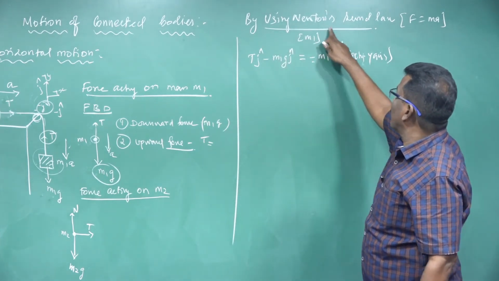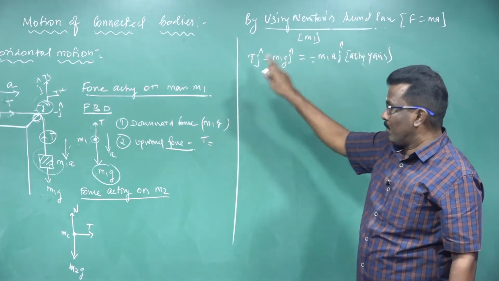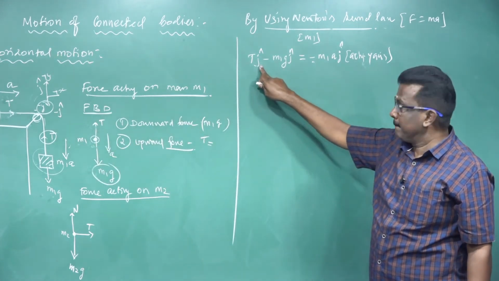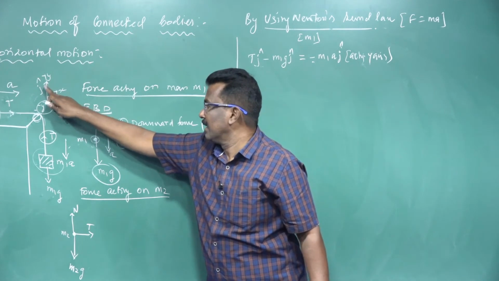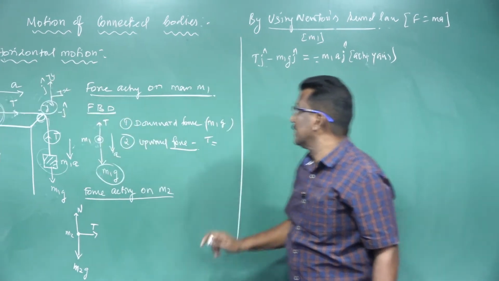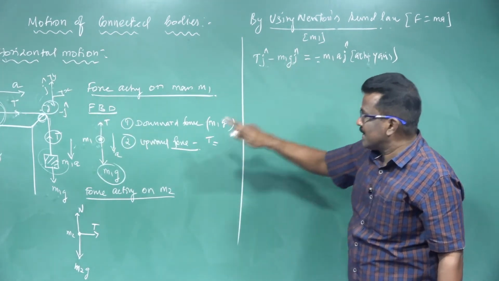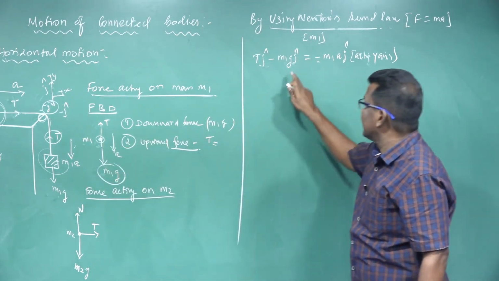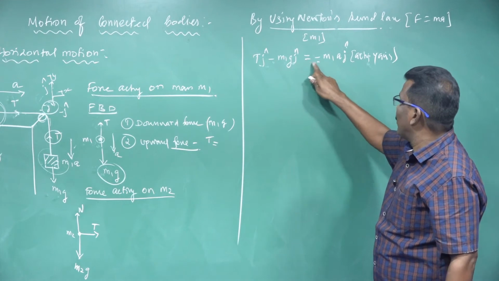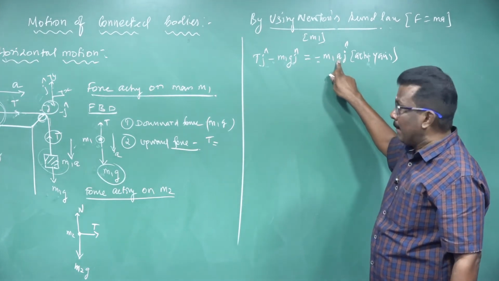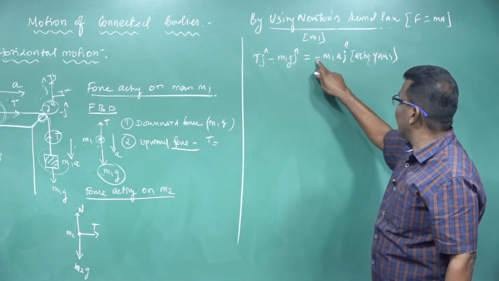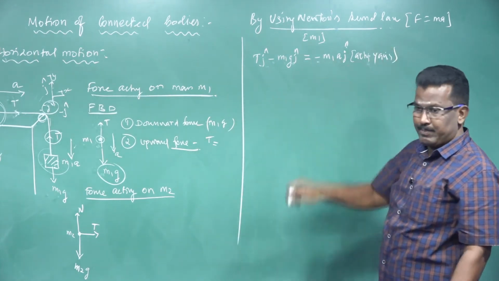So by using Newton's second law on mass M1, T j cap, because it is acting along the positive y-axis, and M1g is acting in the downward direction, that is the minus y-axis, that is why minus, is equal to M1a, but again the acceleration is acting downward, so minus M1a j cap.